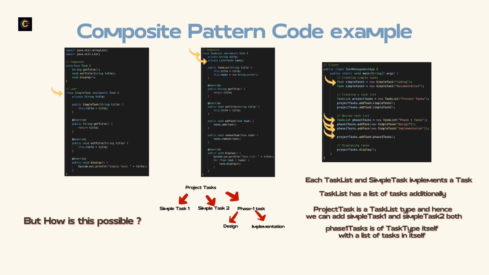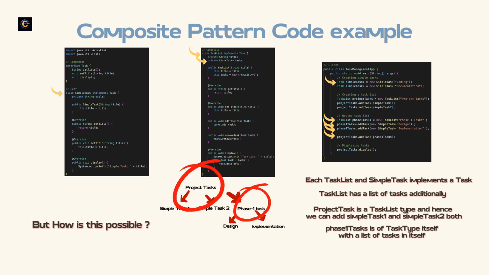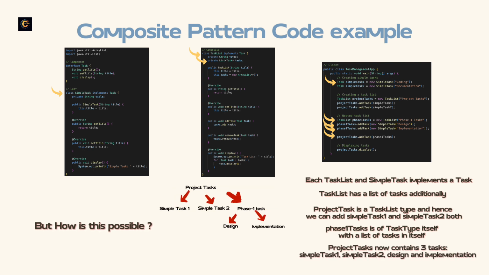So basically, phase 1 tasks is of task type which has a list of tasks in itself. Hence, when project tasks.addTask method is called, it adds phase 1 tasks into the list of project tasks. So ultimately, the list within the project tasks contains 3 tasks, namely simple task 1, simple task 2, and a list of simple tasks, namely design and implementation. And that was the beauty of composite design pattern.